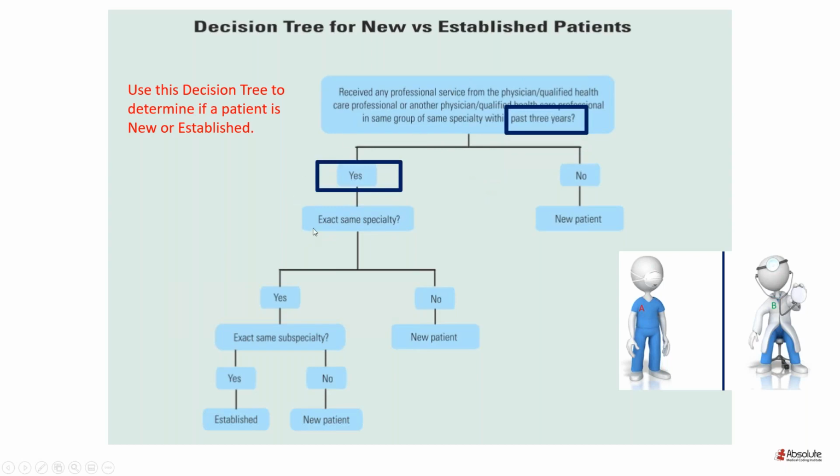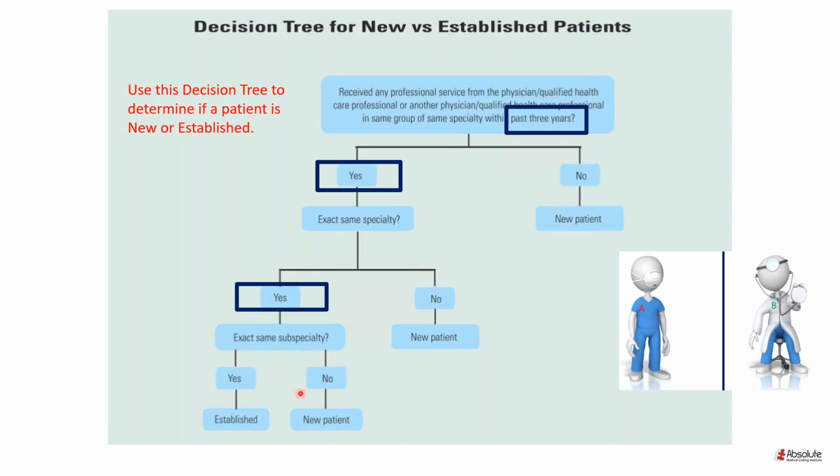Then we're going to say, do these two doctors have the exact same specialty? If it's relevant, then you say yes, because they do have the exact same specialty, both Dr. A and Dr. B. Well, what about the next question? Do they have the exact same subspecialty?